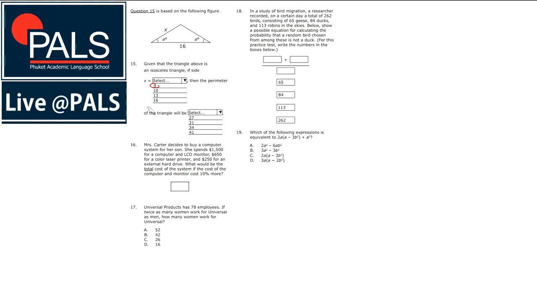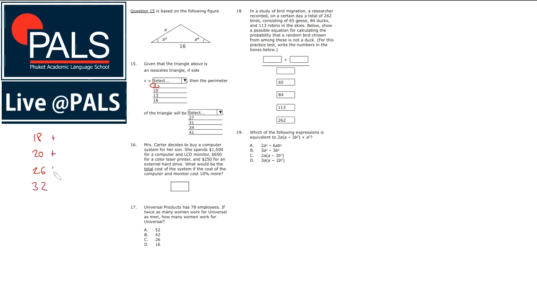Okay, so the smallest possible number is 9. Isosceles means this side and this side are the same length. So 2 times 9, I think we have to try around here a little bit. 2 times 9 is 18, 2 times 10 is 20, 2 times 13 is 26, 2 times 16 is 32.